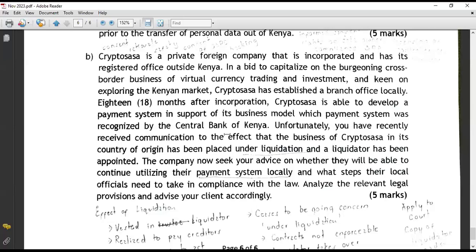Now, the question for me is, in that scenario, will there be a requirement within the local country, within Kenya, to indicate, because even if the parent has liquidated, this local company will be run in administration.